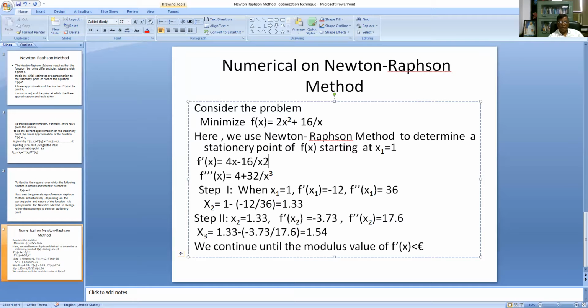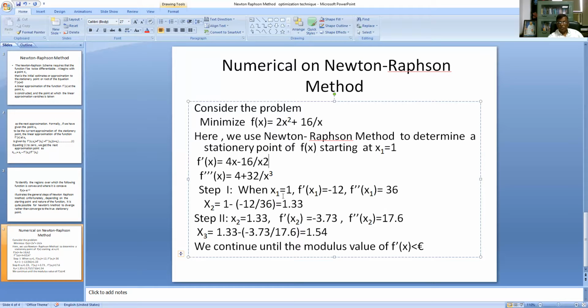Here you put x1, so it will be 4x1 minus 16 upon x1 square, and by putting x1 is equal to 1, you can find its value, which will be minus 12. If you are putting x1 is equal to 1 in this second order derivative, then it will give you 36.